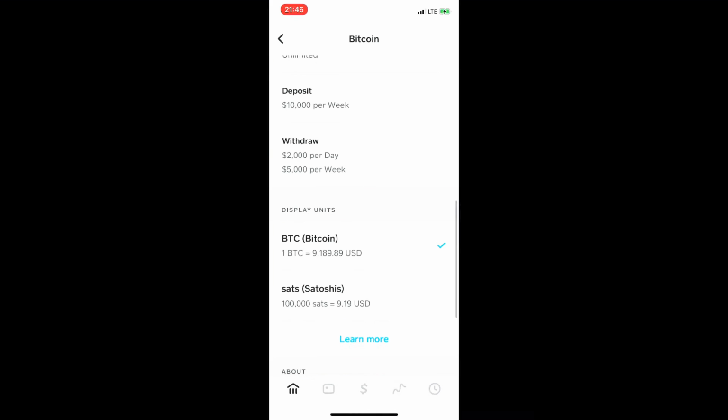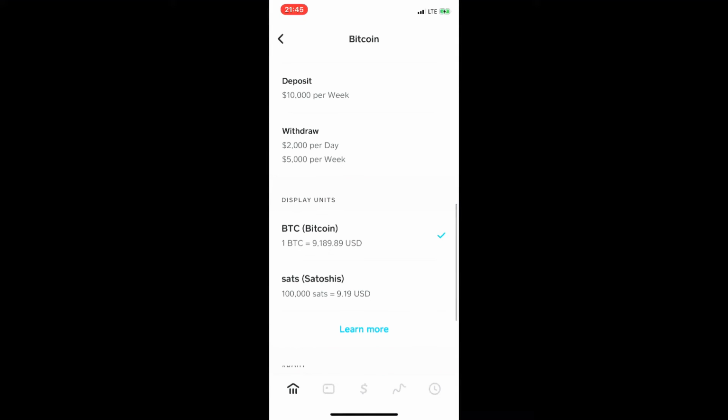Now at the very bottom where you see display units, you have the Bitcoin, so how much one Bitcoin equals in US dollars at the time, and you have satoshis. I don't know if I'm pronouncing that right, but we're gonna call them sats today. Sats is another unit of measuring your Bitcoin. A sat is the smallest unit of Bitcoin currency, and the units of sats are generally regarded as readable because they are mostly in whole numbers instead of fractions.